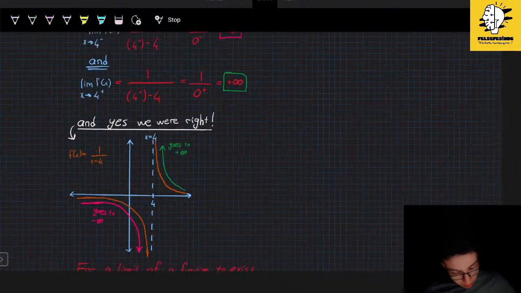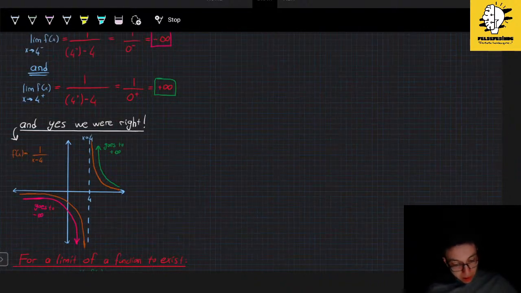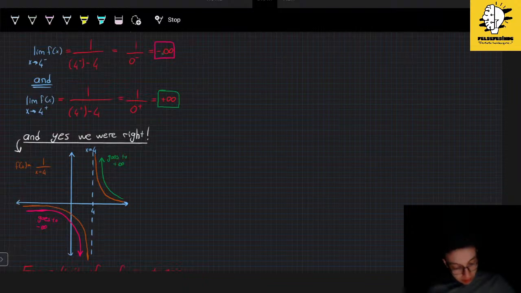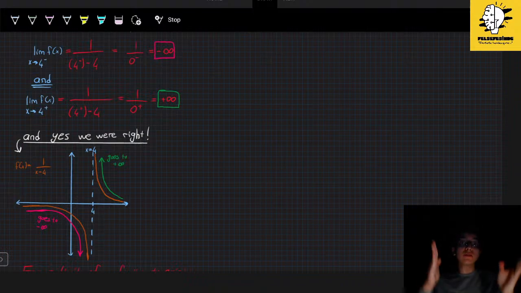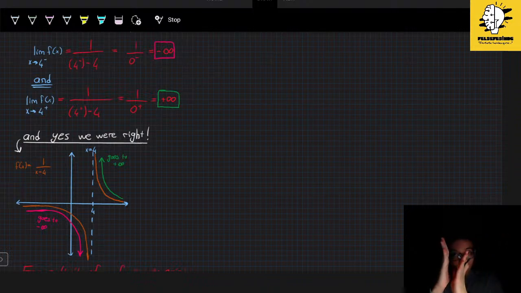I approached from the left, x goes to 4 minus, and the pink line goes from the left and tries to approach 4, and we found negative infinity because x equal to 4 is a vertical asymptote. It will always get closer to x equal to 4 but never reach it. So it approaches that point at infinity, however negative infinity. And we can understand that from the 0 minus sign.